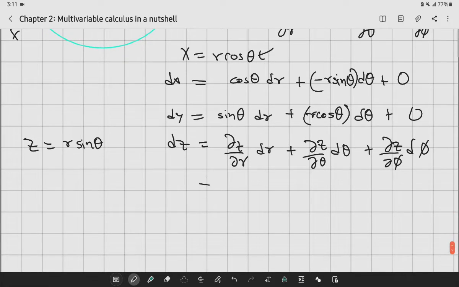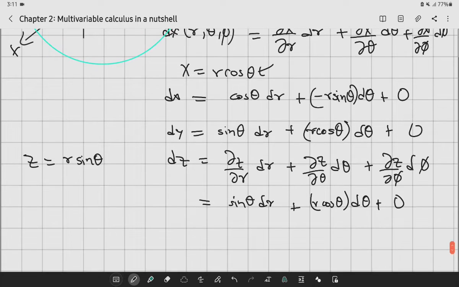So I'll have sine theta dr plus r cosine theta d theta plus 0. Is this right?